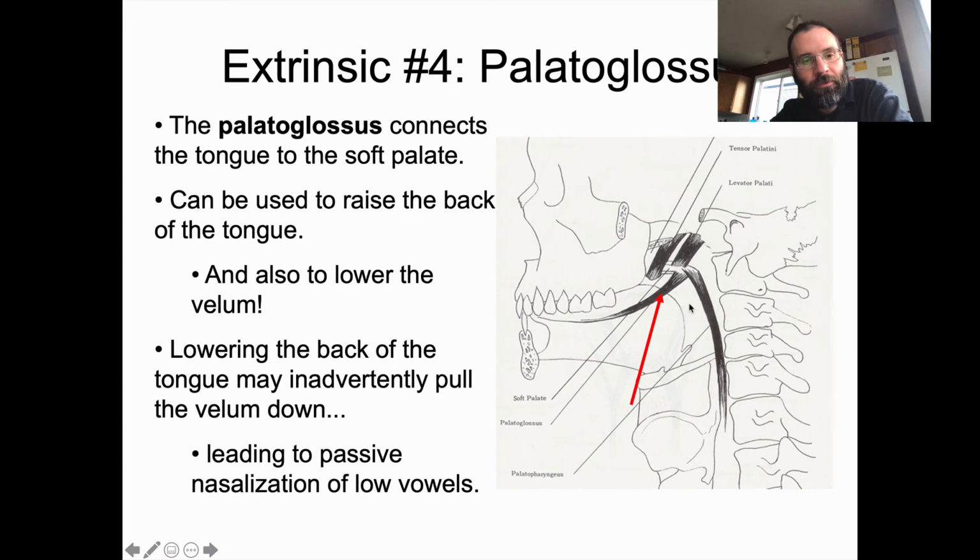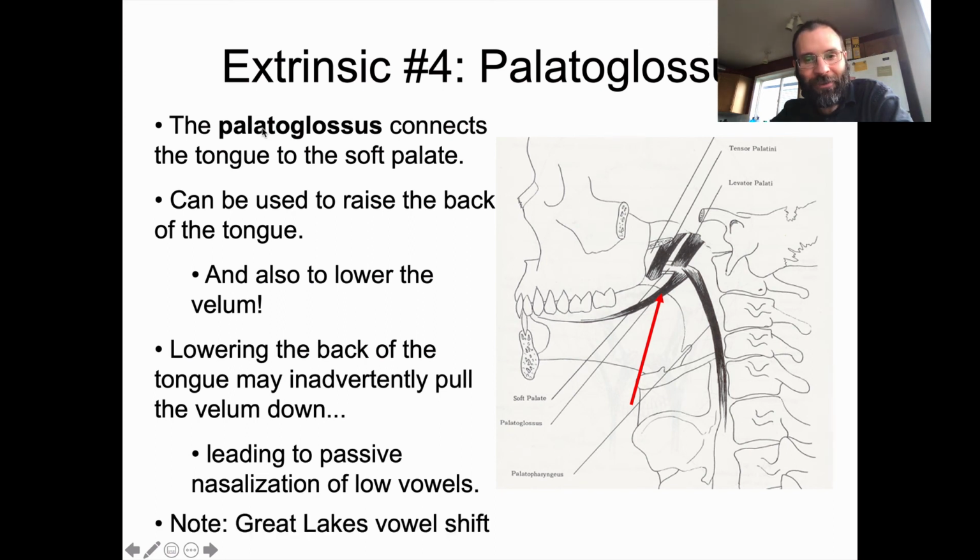If you do lower the back of the tongue, because it has this mechanical connection with the velum, you could possibly pull down the velum and lead to a passive nasalization of low vowels. So if you're trying to get the tongue down here for an ah, and you want to get the whole structure in a low pharyngeal position, it could lead to the velum itself coming down and you get a nasal type effect rather than an oral one.